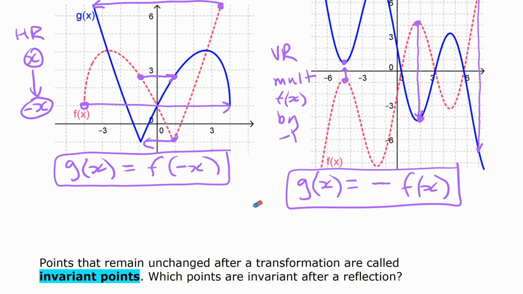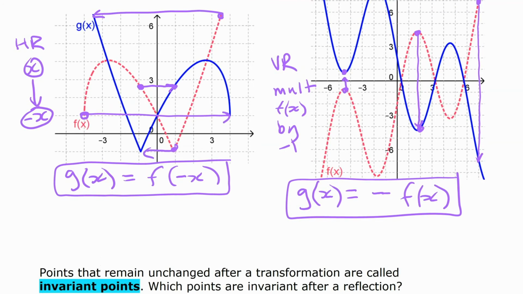So in these pictures above, in this first one, as we said, it's a horizontal reflection. The mirror is vertical. The line that it's reflecting over is vertical. And that's where you're going to find invariant points, because this point right there, 0, 1, doesn't change. In a horizontal reflection, it's the x value that changes, but if you change the sign of 0, it remains 0.